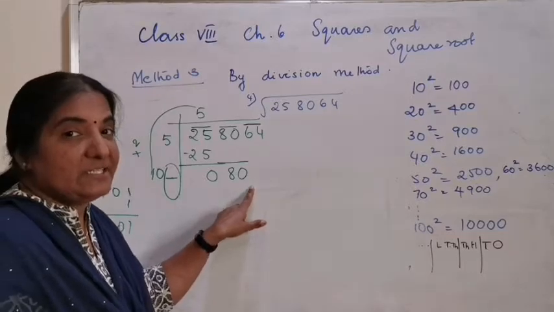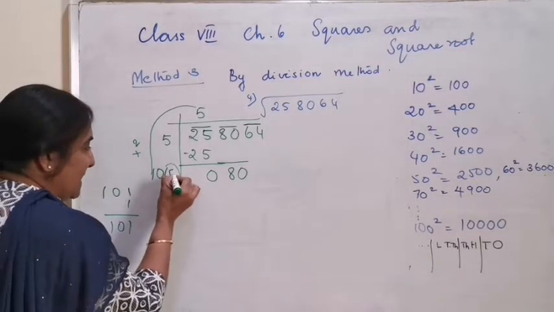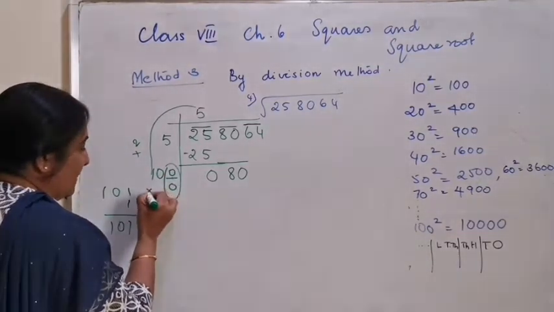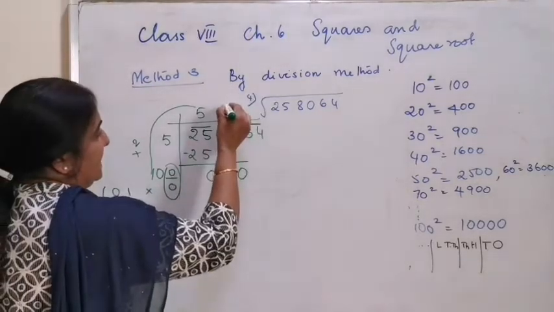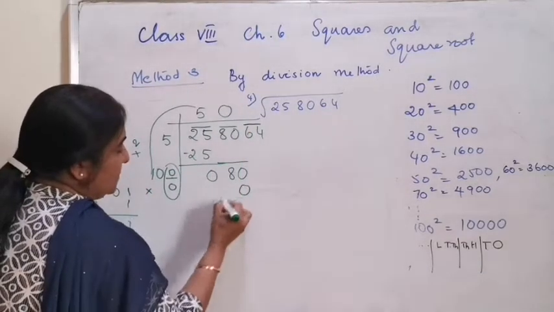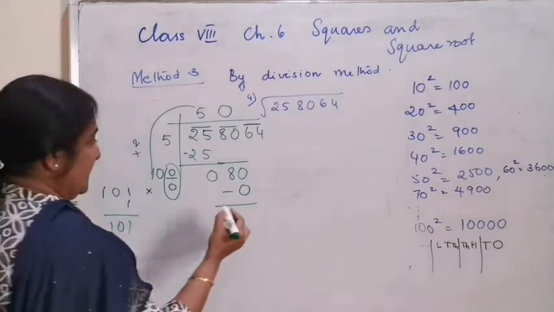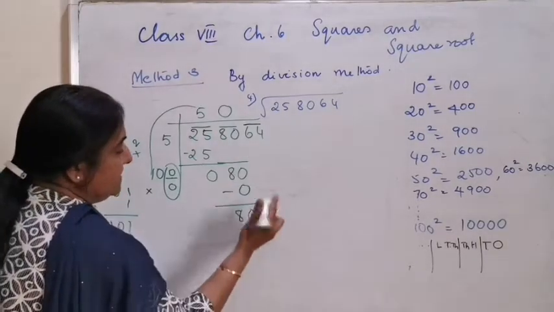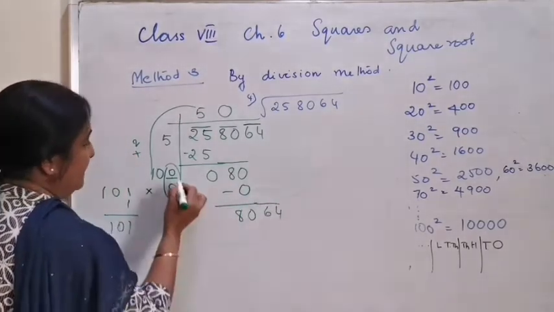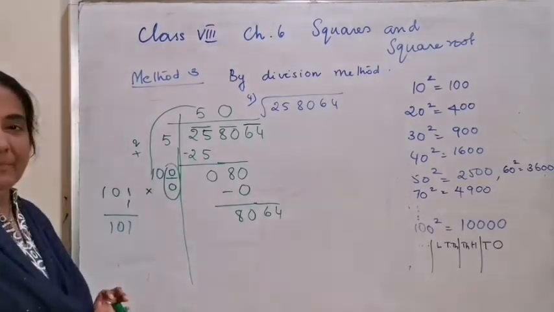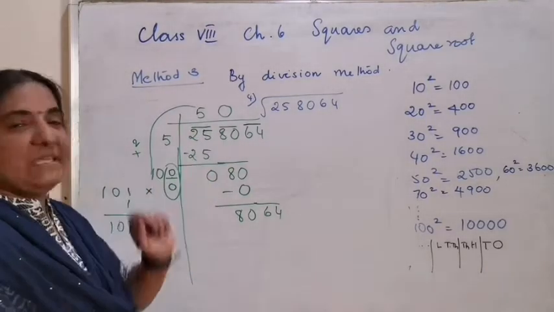So what is the digit possible there? It is only 0. It becomes again a 0, 0, subtract 80, and then 64 will be brought down. So this step, please be careful.